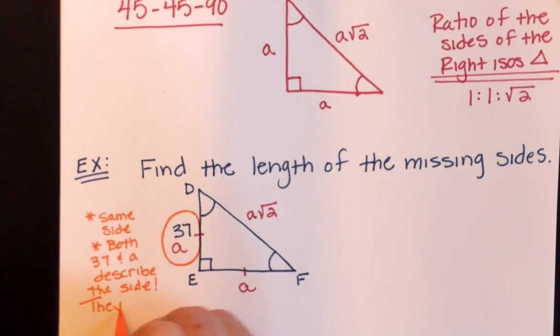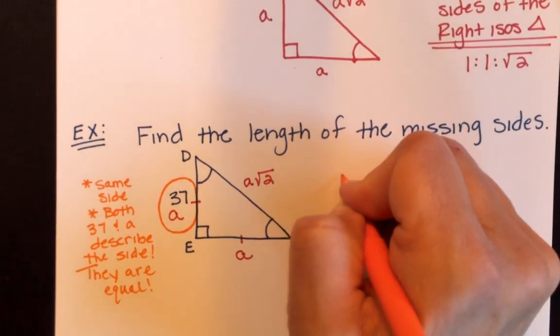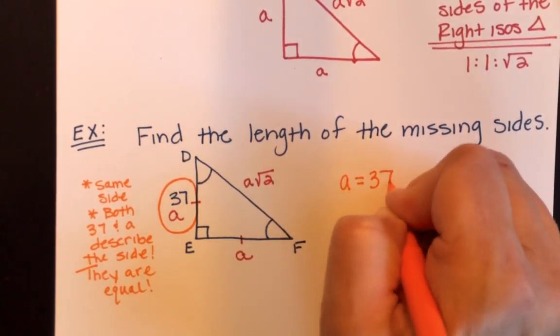They are equal. So because they're equal, we're going to go ahead and we're going to say A equals 37.